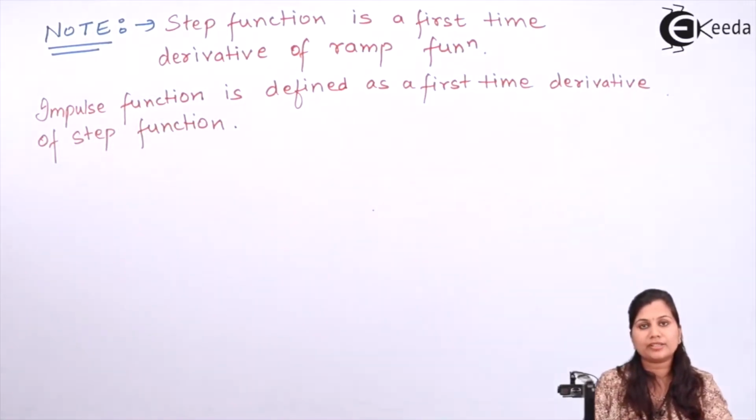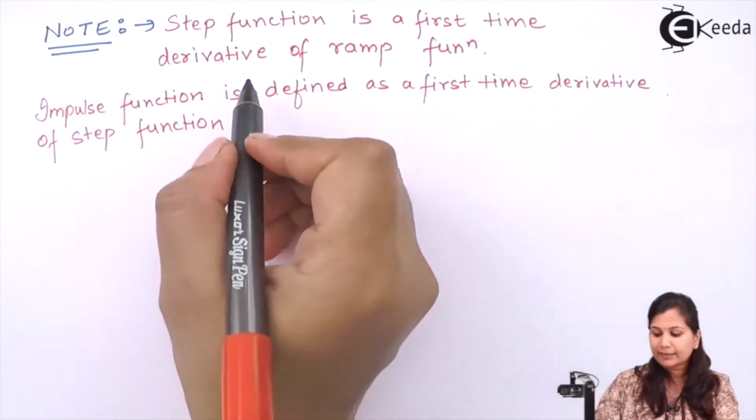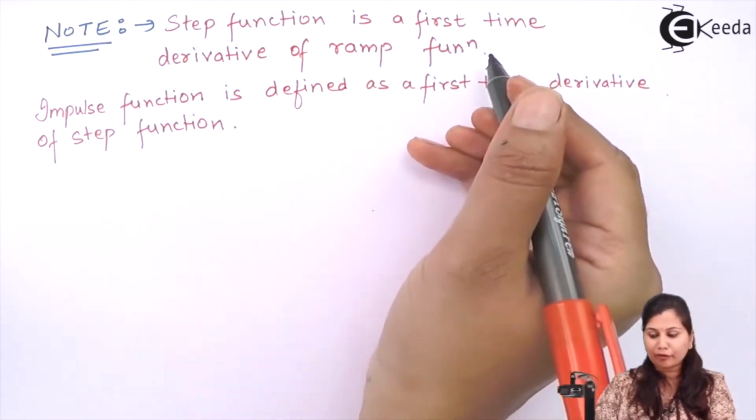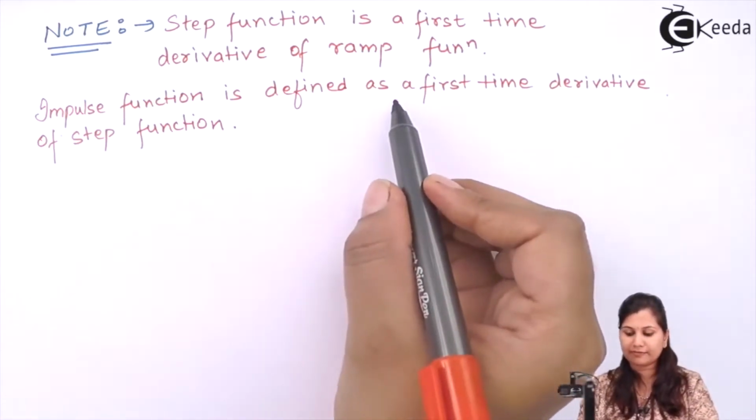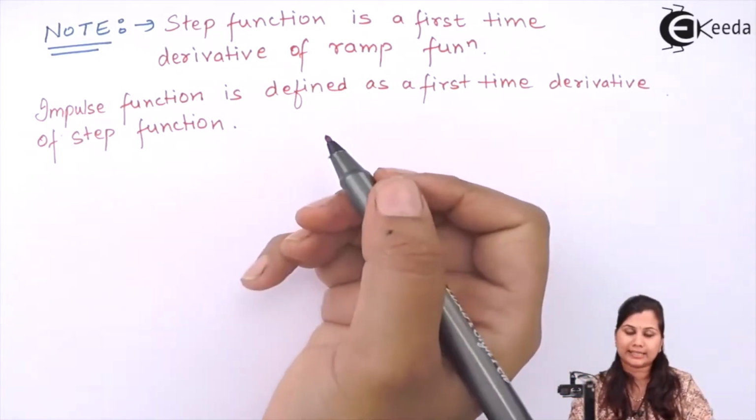So these three functions are linked to each other. The step function is the derivative of the ramp function, and the impulse function is defined as the derivative of the step function.